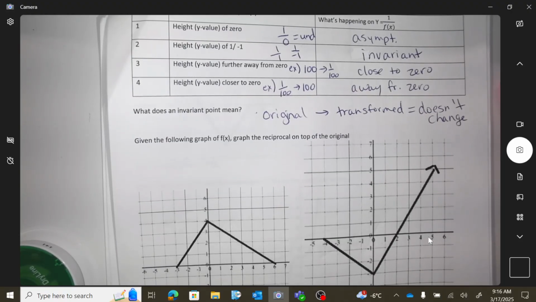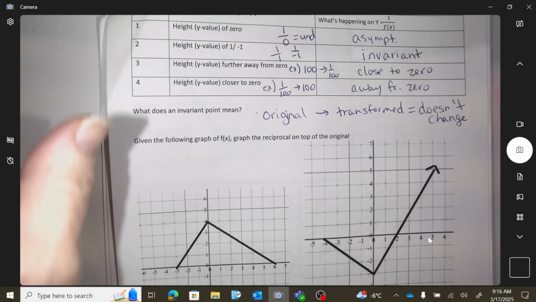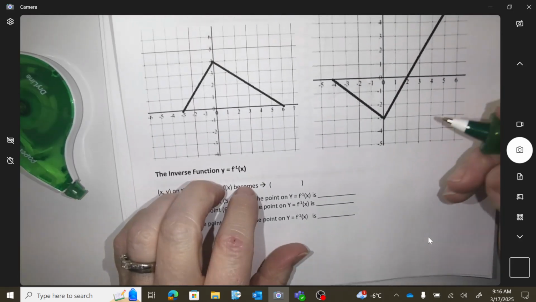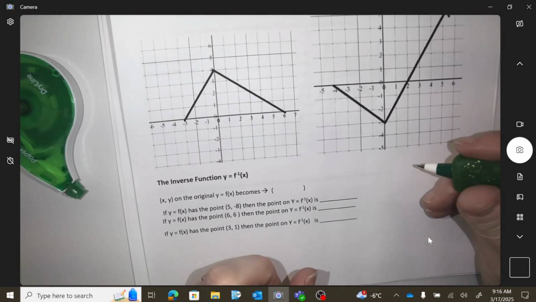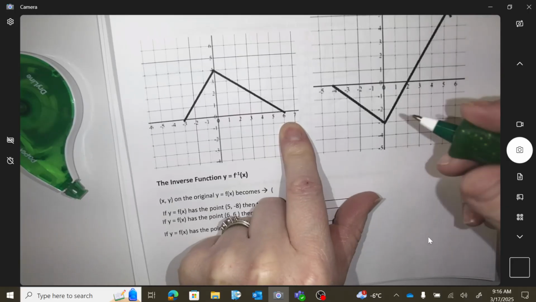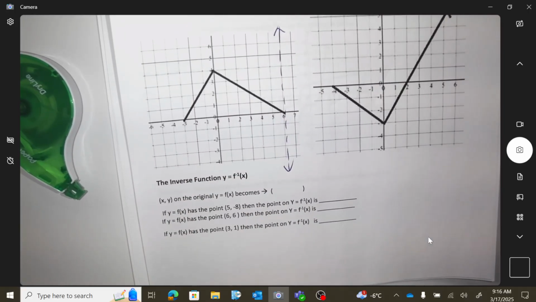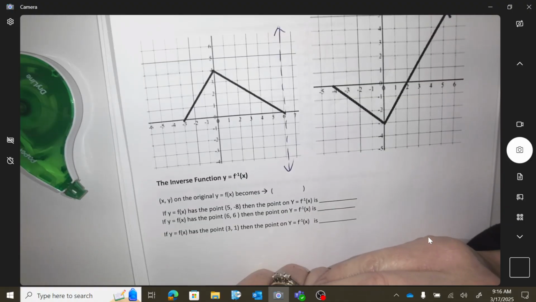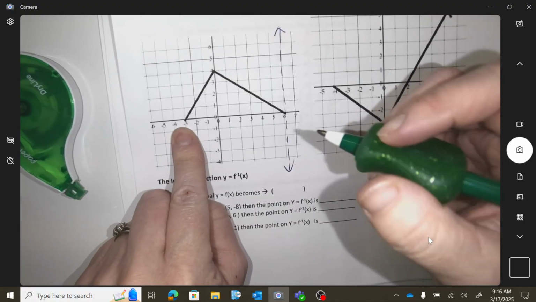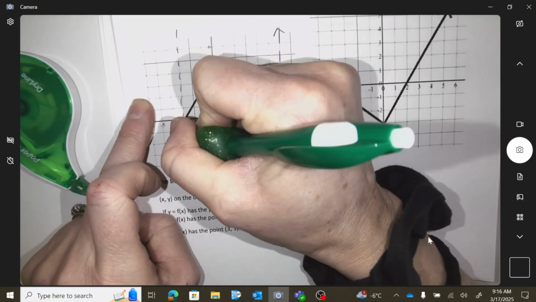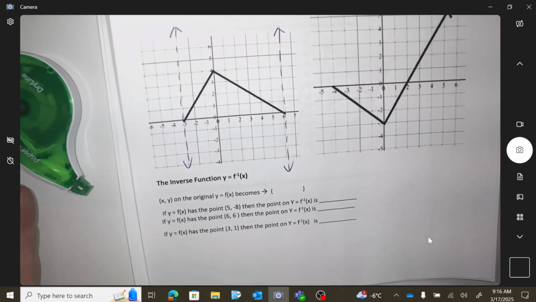Okay, here we go. Graph 1. So I always do, where's my height 0? 6 comma 0. So it becomes 6 comma asymptote. Negative 3 comma 0 becomes asymptote.